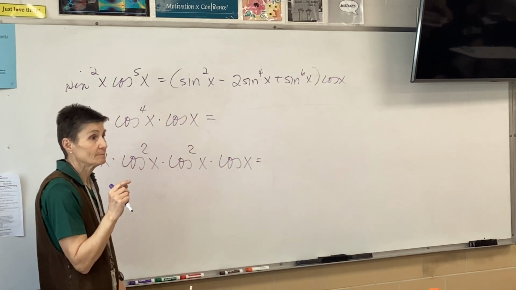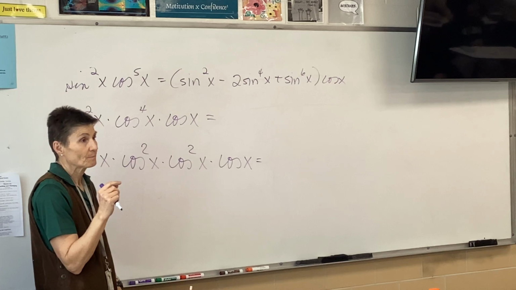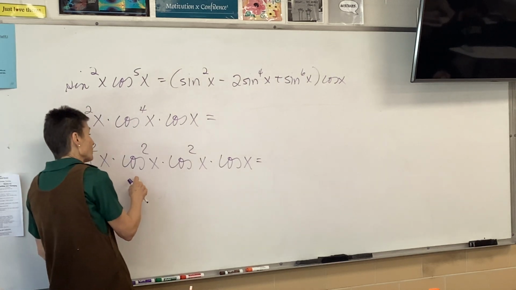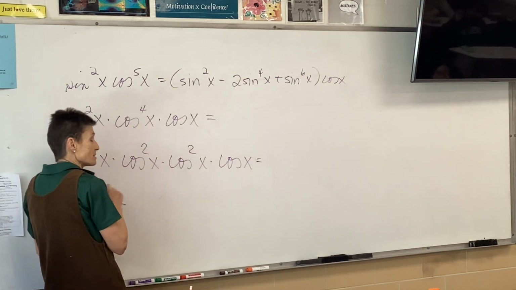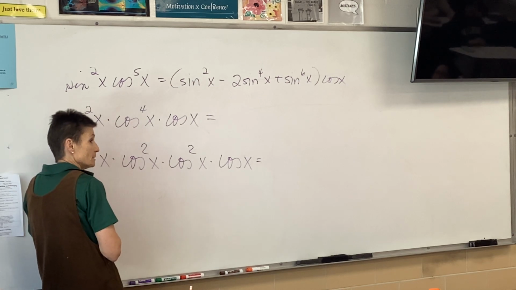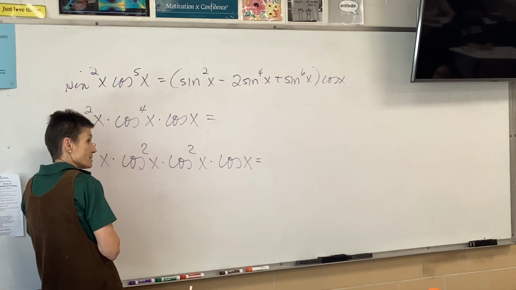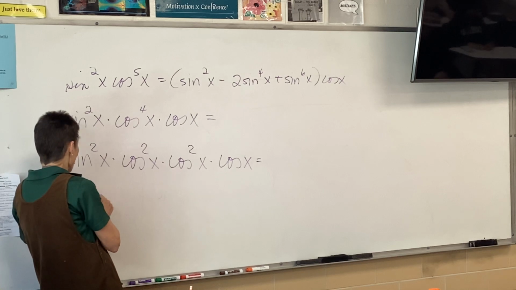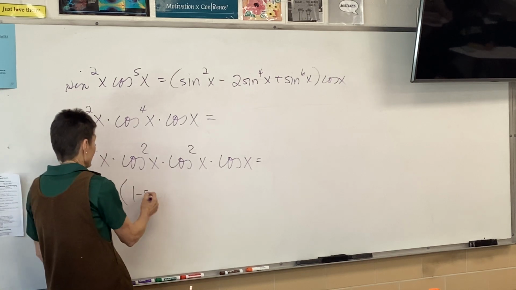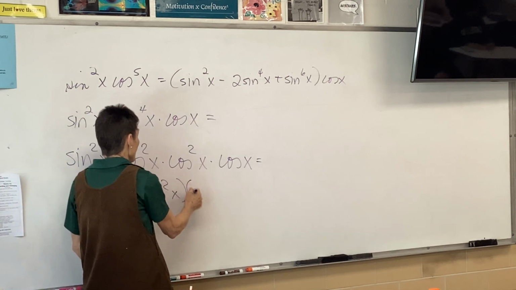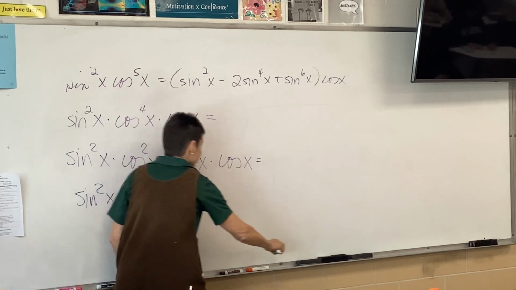Again, she's correct. Completely. And then what do we know about cosine squared? You needed this on your quiz. What do we know about cosine squared? 1 minus sine squared. So now all of a sudden, all of these cosines are gone. You just make it over.